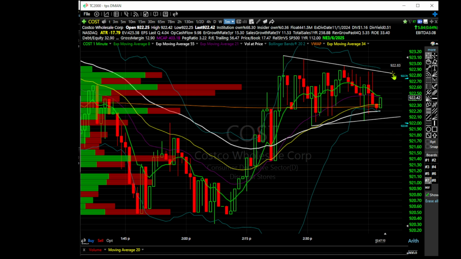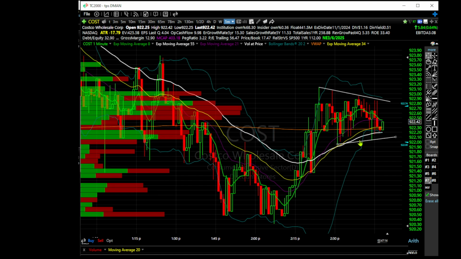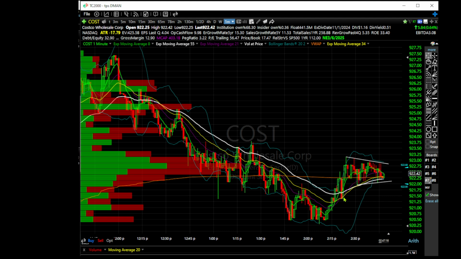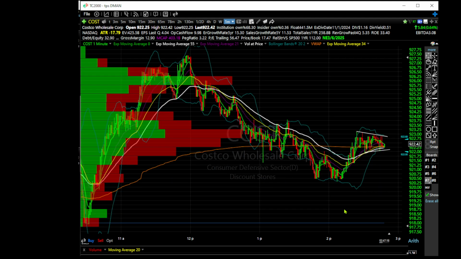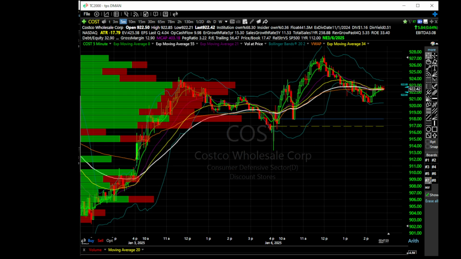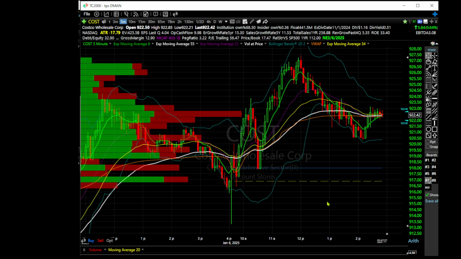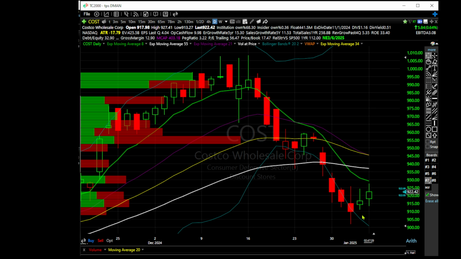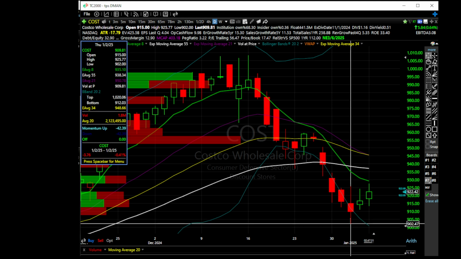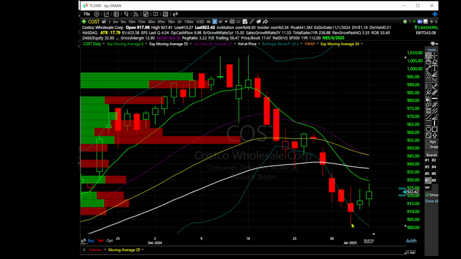Yeah, I wouldn't call that an ascending triangle, but it's definitely a flag. I do like this Costco chart. Remember, I said pick it up around 900. Bam. The low 902. I literally missed this trade by like 15, 20 cents.